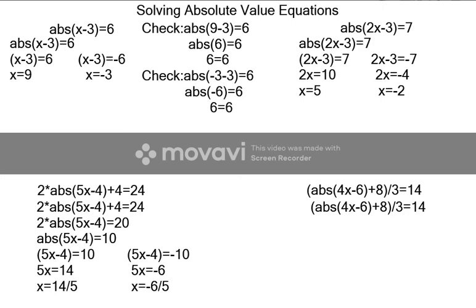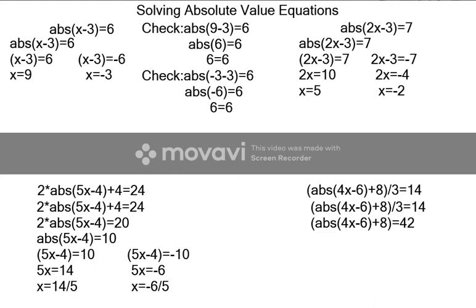And so we would have the absolute value of 4x minus 6, plus 8, equals 42, because 14 times 3 is 42. And then we have to carry over the parentheses.